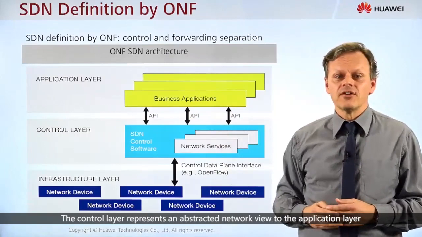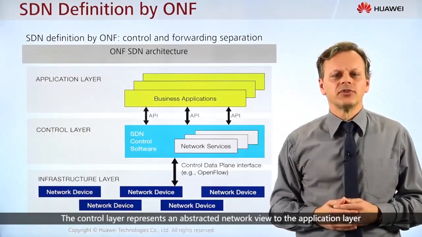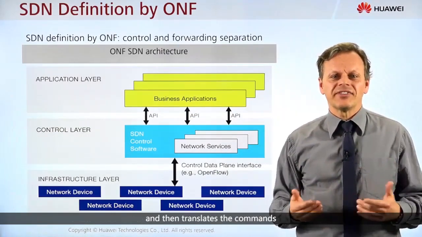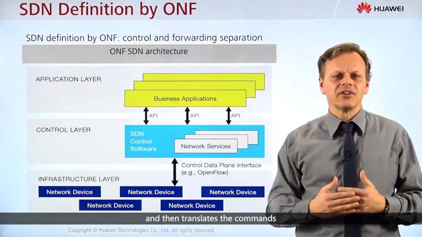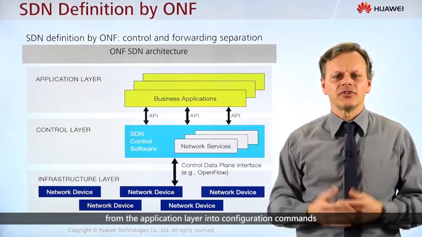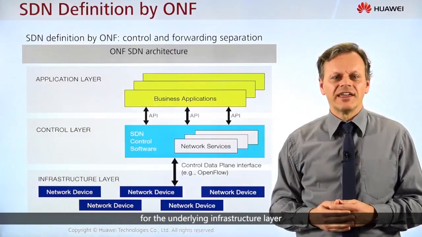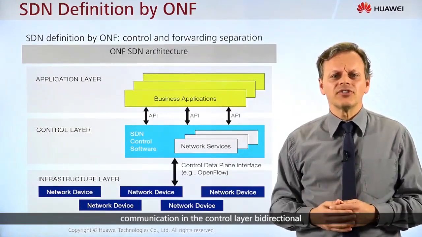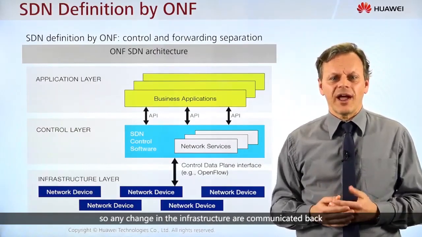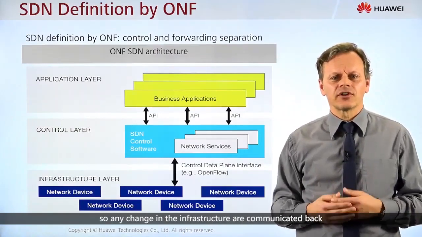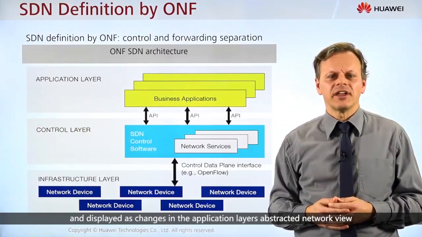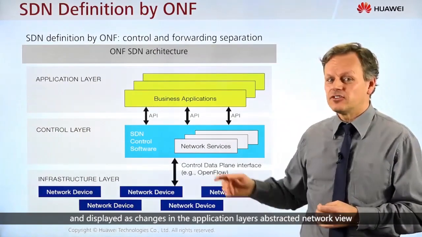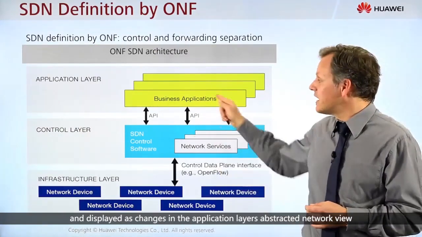The control layer represents an abstracted network view to the application layer and then translates the commands from the application layer into configuration commands for the underlying infrastructure layer. Communication in the control layer is bidirectional, so any changes in the infrastructure are communicated back and displayed as changes in the application layer's abstracted network view.